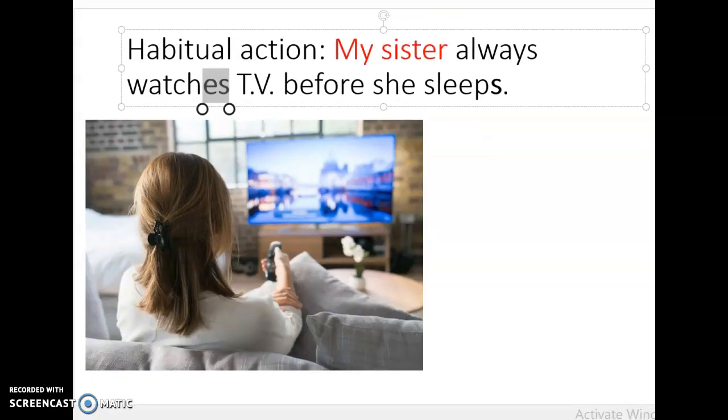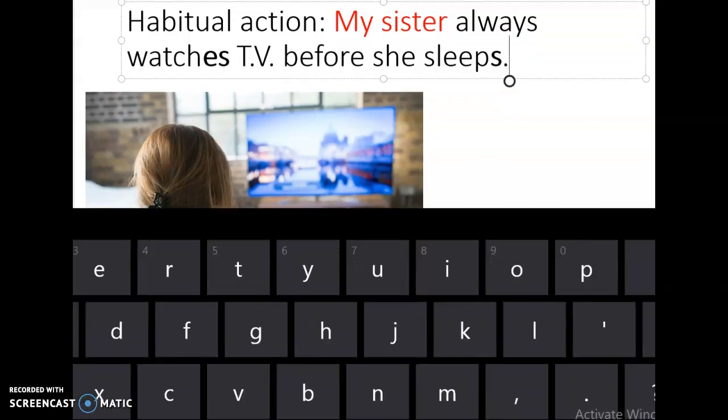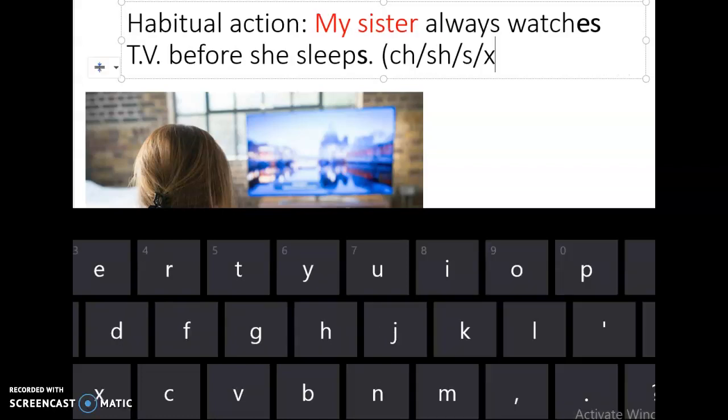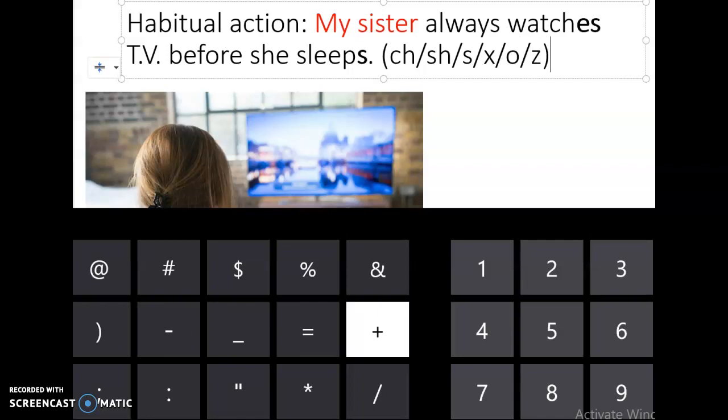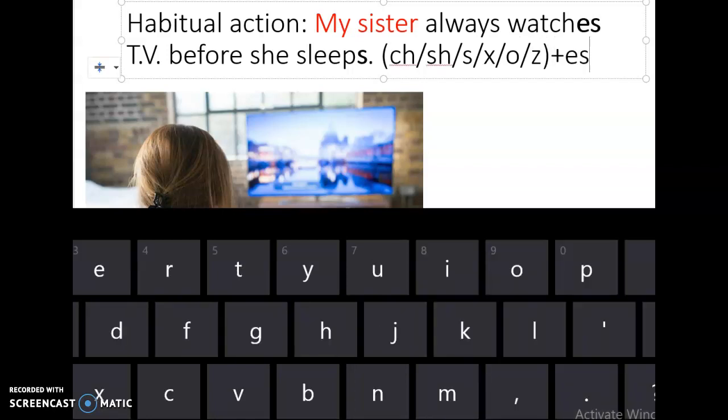So when the verb ends with CH, SH, S, X, O, or Z, then we have to add ES, but I have a condition. The subject should be singular. If the subject is singular, I add ES. If the subject is plural, I just don't add anything.